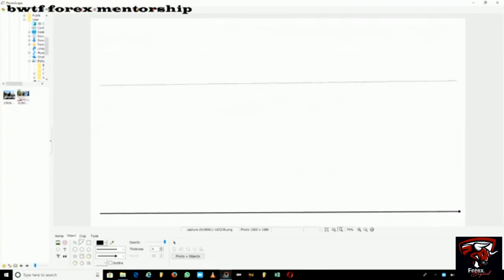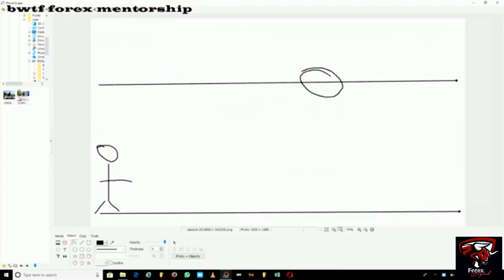This is the roof and this is you right here, the extra long body, and let's say there's a hole right here, or ceiling, whatever. You see that thing on the ceiling that you can use to go through to the roof. So let's say you take a tennis ball and I'm going to explain support and resistance right now.